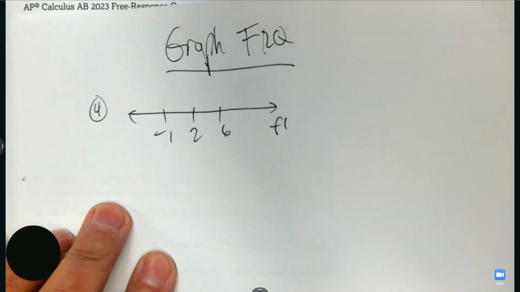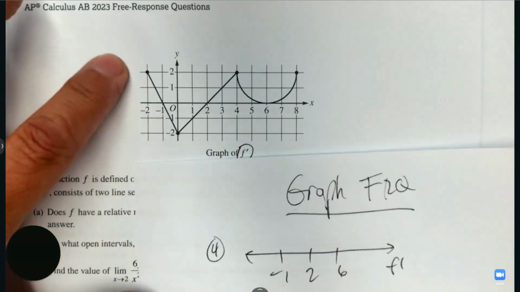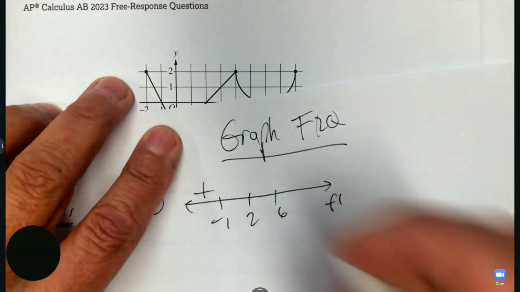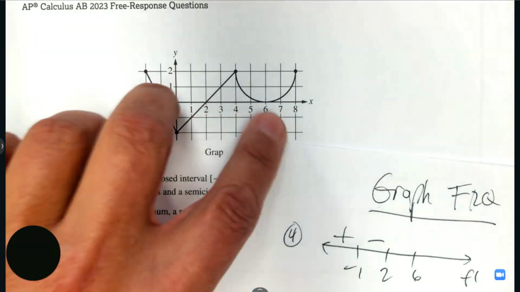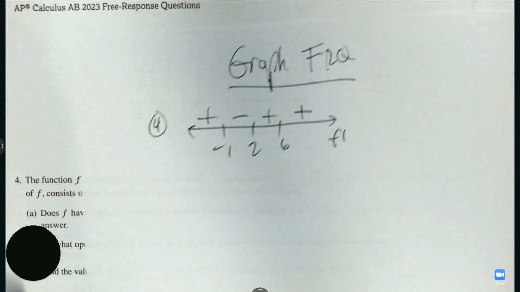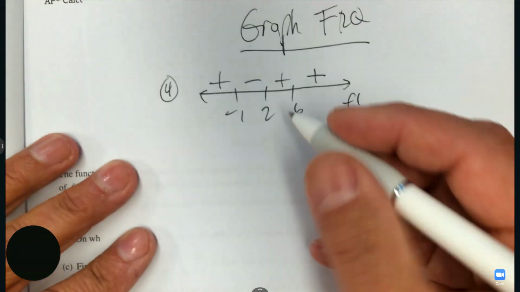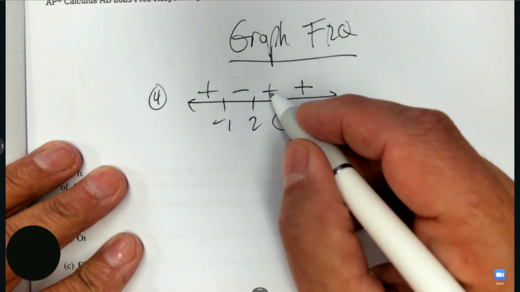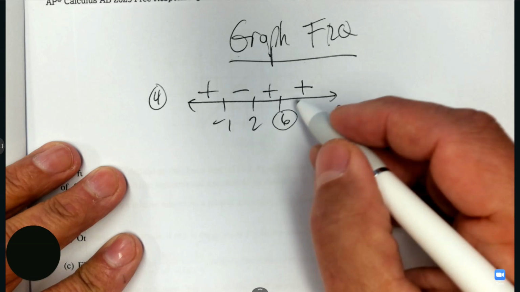And then I'm going to put plus or minus, whether it's above or below. So it's above, so it's plus. Below, -2 to 6 above, and then 6 on above. And the question is, is there a maximum, minimum, or neither at 6? So look at it. Notice how the sign stayed the same. That means it's neither.